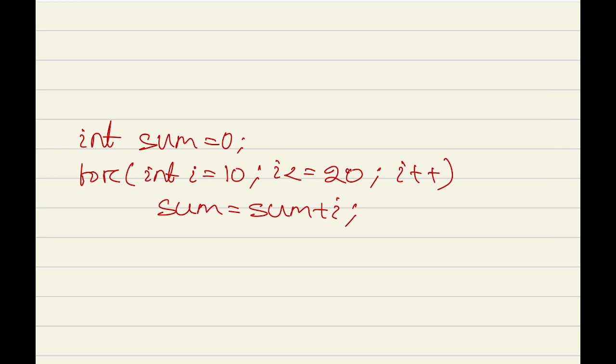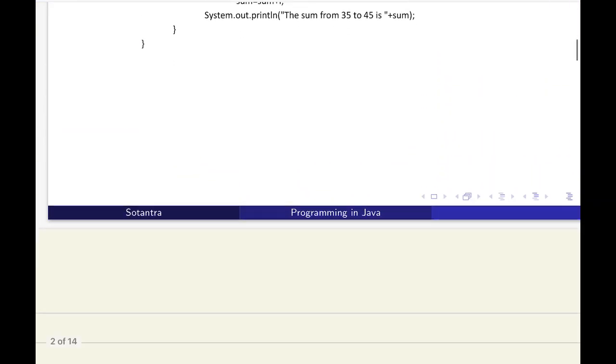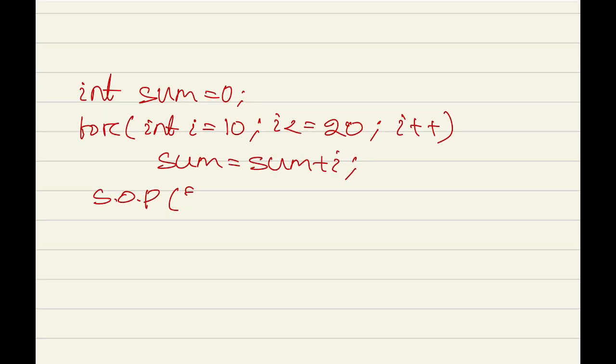Then System.out.println the sum from 35 to 45 is sum, or the sum from 10 to 20 is sum. So we can write this, the sum is plus sum. So instead of writing from 10 to 20, we can write the sum is sum.